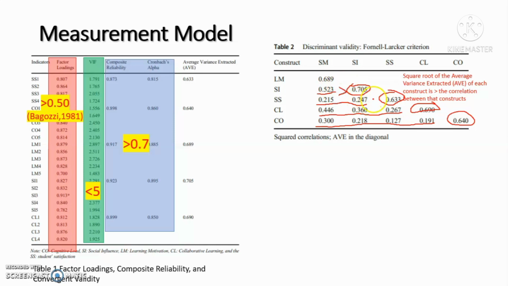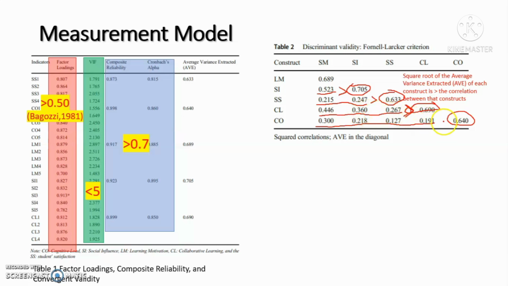okay, and also the second one, 0.6, is bigger than this correlation, and this 0.69 is bigger than 0.26 and 0.3.